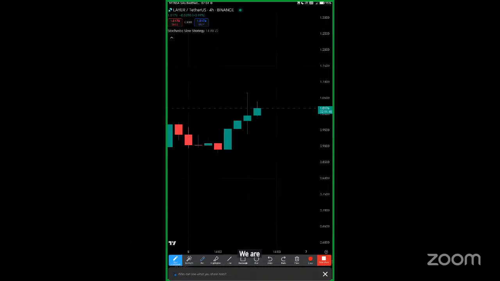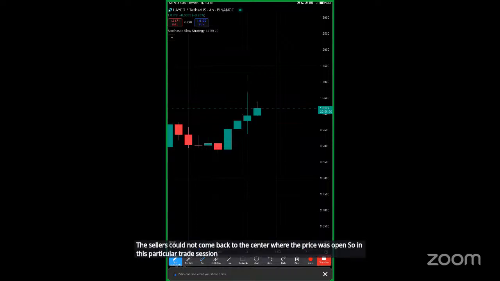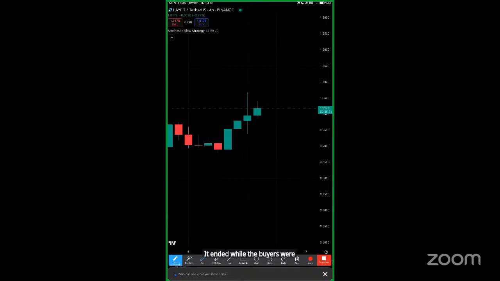Then a selling activity started to happen until it reached this level. Unfortunately, the sellers could not come back to the center where the price was open. So in this particular trade session, the price closed here. That's why this candle is still green. It ended while buyers were still dominating.